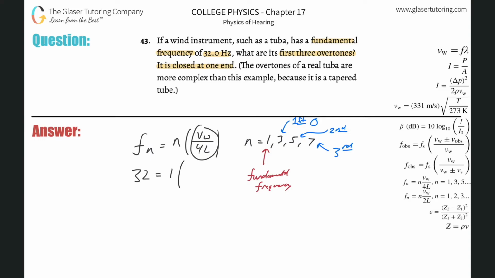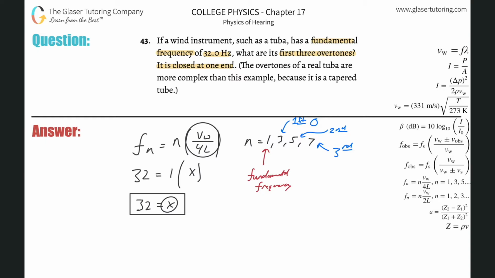We don't know the velocity of sound, nor do we know the length of the tube. We could just call this a big X. And obviously 32 times 1 is just 32, equal to that X value. So this X represents this whole thing.